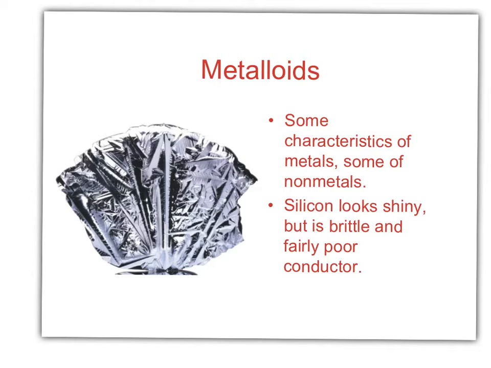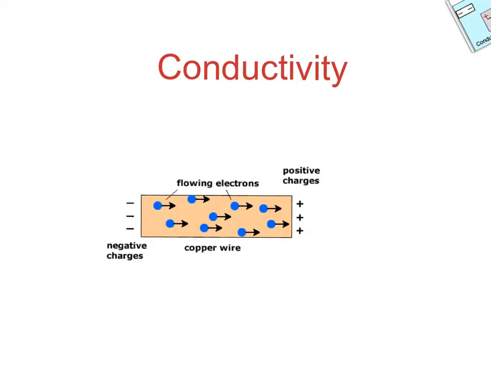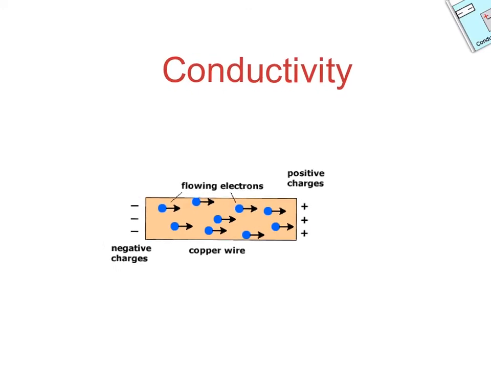In order to do that, we first have to talk about what a conductor and an insulator, or non-conductor, is. So let's first talk about conductivity. Conductivity means I have an object that allows current, electricity, to flow. So what is electricity? Well, it's the flow of electrons.